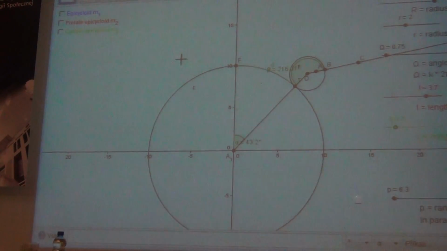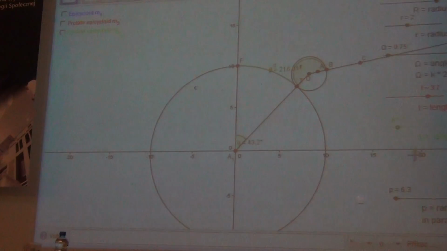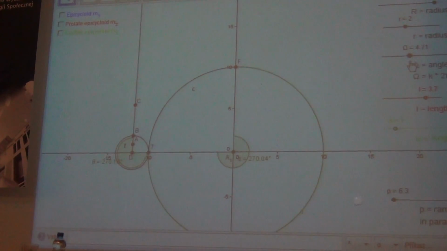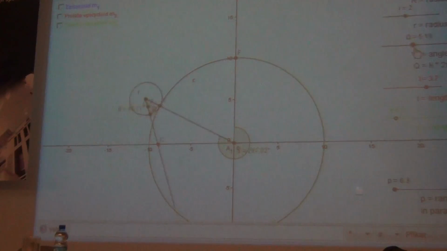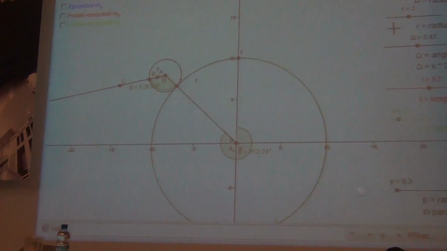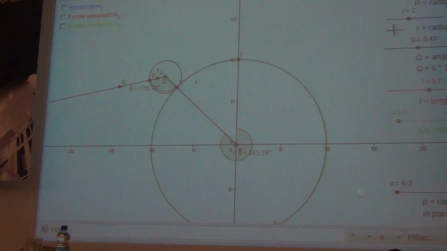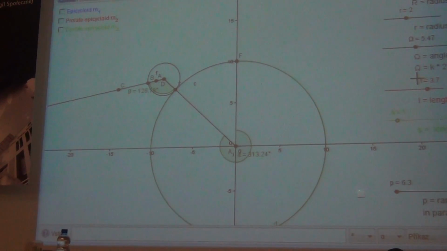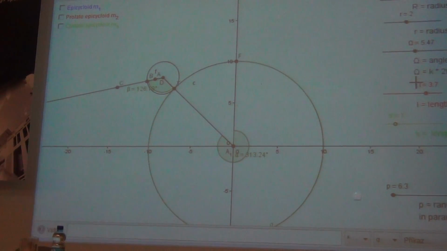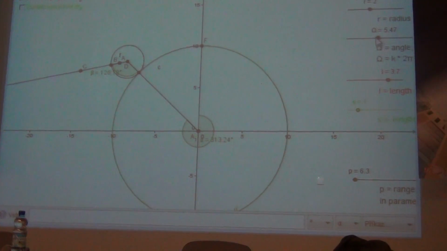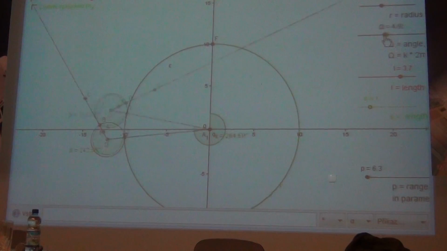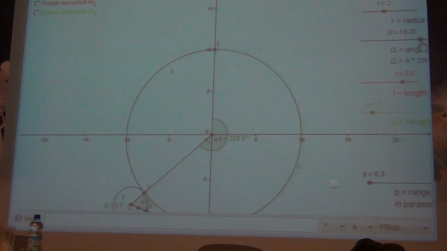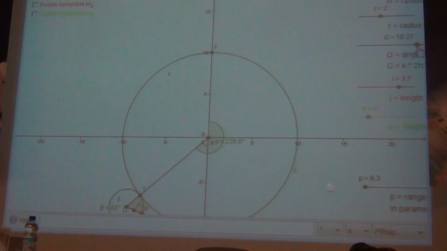This example is quite interesting because it was quite difficult to construct in GeoGebra, because in GeoGebra we can define the angle only between 0 and 2 pi. But I need to go around the circle more times, so I define a new parameter, omega. I can go around the circle more times.